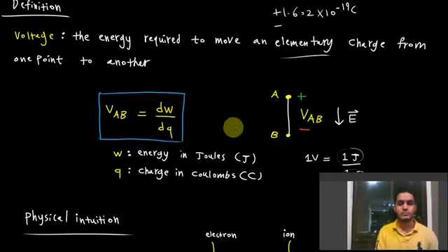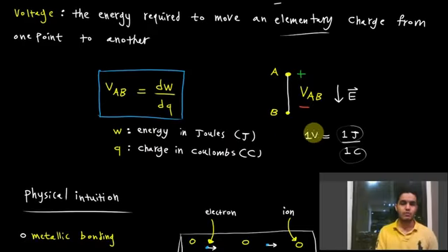So in this case, W, which is work, is the amount of energy you spend to move something or to transfer energy to some object, for example, in this case electricity. Work is measured in joules, and Q, as we've discussed before, is a charge and is measured in coulombs.